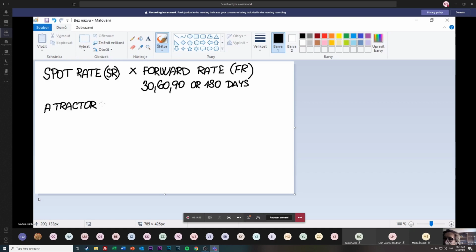So the tractor producer is expecting the payment within 30 days after the delivery. He is expecting the payment of 100,000 euros.